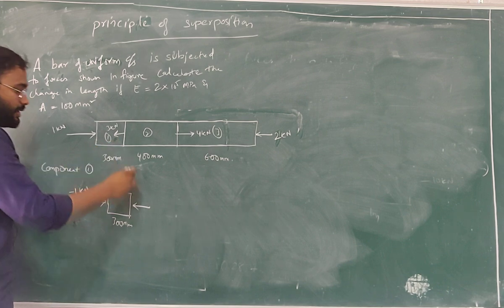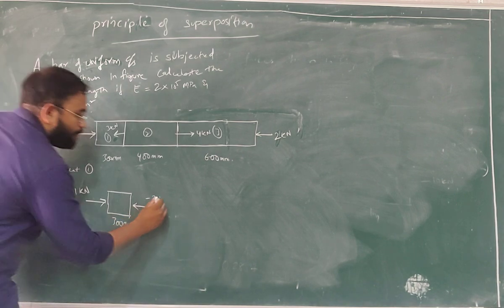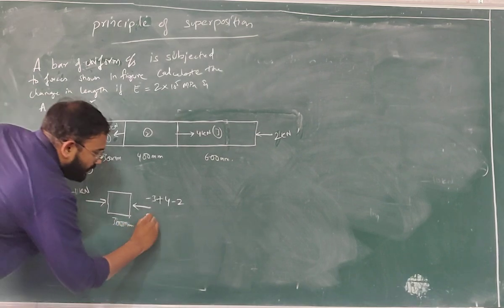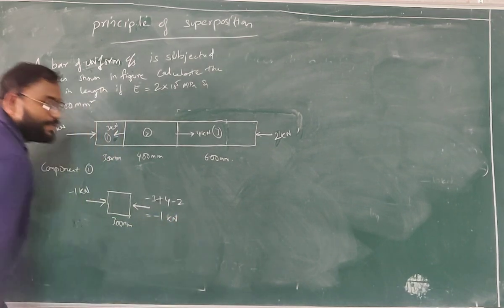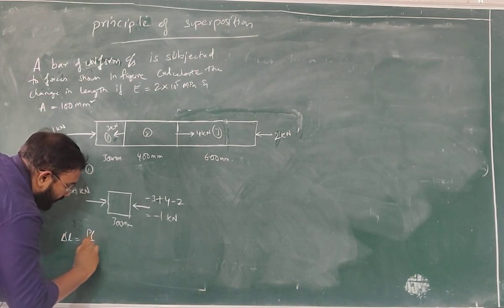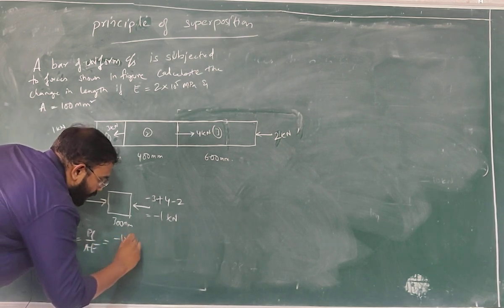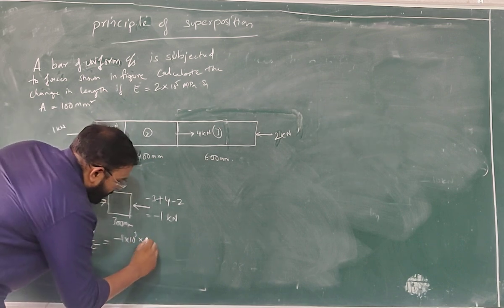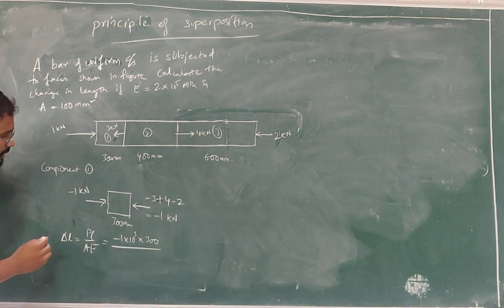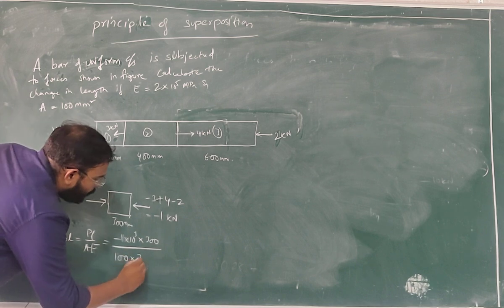Minus 3. Then next one, plus 4. What about this one? Minus 2. So this will be minus 1 kilonewton again. Now delta L will be PL by AE. Substituting all the values, minus 1 into 10 power 3 multiplied by L is 300 divided by A is 100 multiplied by E is 2 10 power 5.